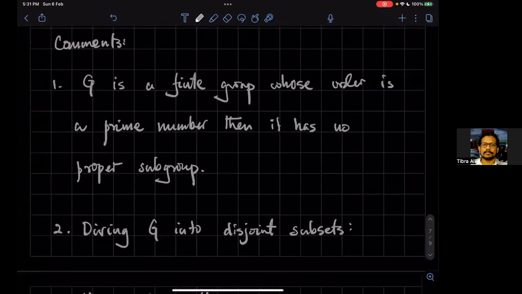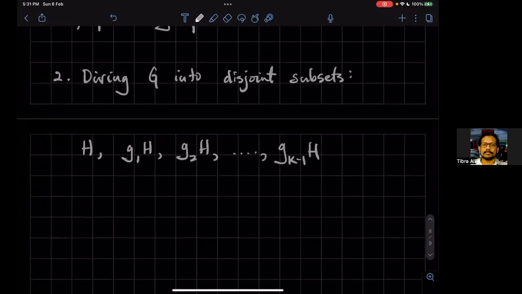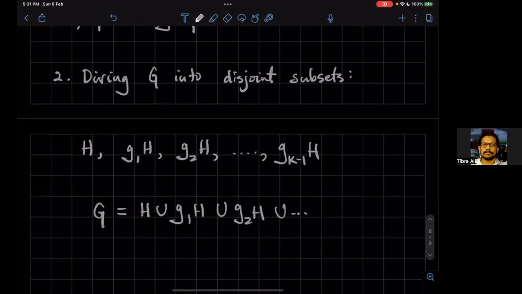So G is divided into disjoint subsets which are all cosets, and then G is the union of these cosets. Okay.